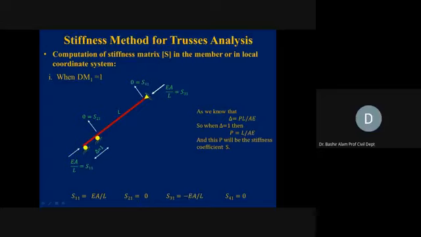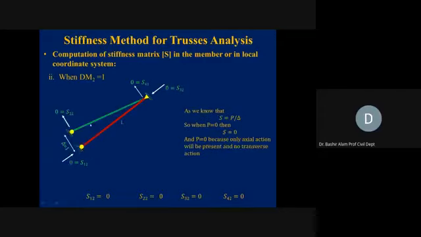S31, why is this negative? Because the assumed direction was in the upward direction, but now it is in the opposite direction. DM3 was in the opposite direction, so because of that it is minus EA divided by L. And S41 is equal to 0. So easily we can generate this first column of the stiffness coefficient matrix.